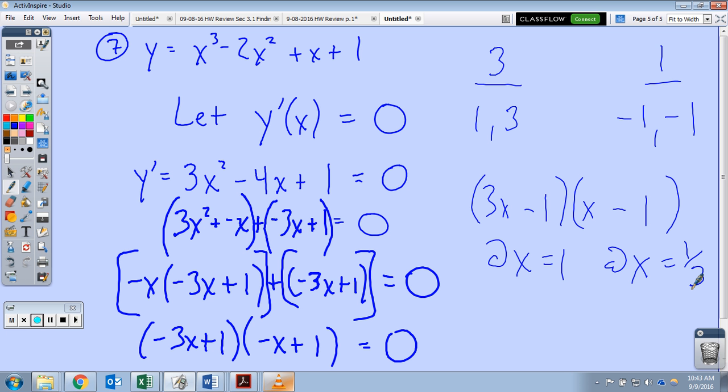Now the directions say find the horizontal tangents. So this is where they are. So the actual equations of the tangents, how would we do that? What do you think?